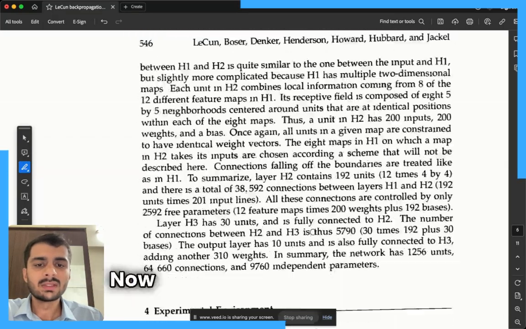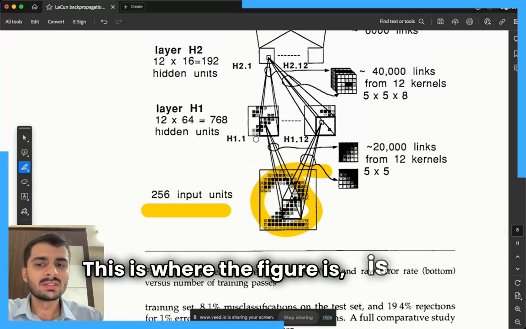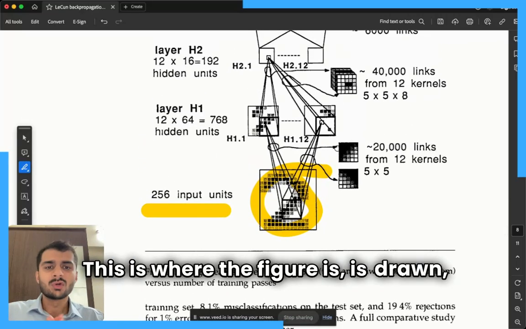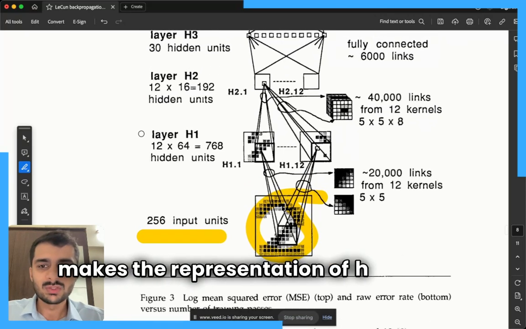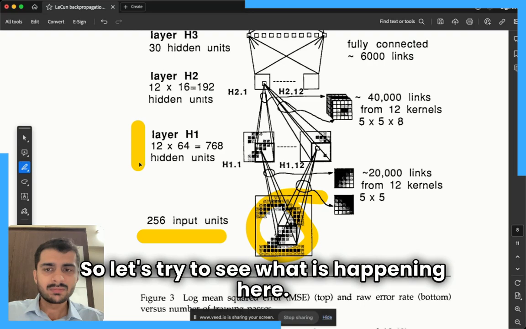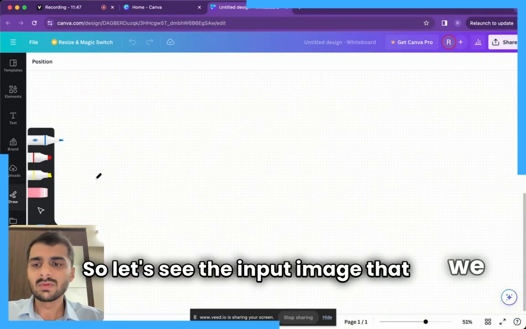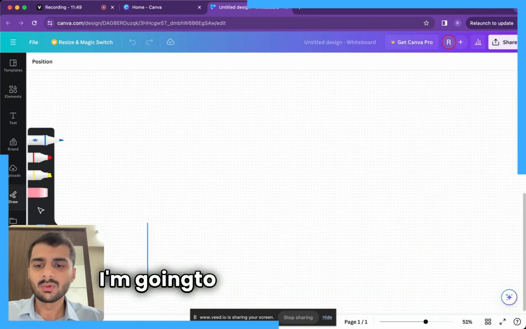Now we are going to go down. This is where the figure is drawn, which makes the representation of H1 more clear. Let's see what is happening here. Let's see the input image that we have. I'm going to draw it at the bottom.